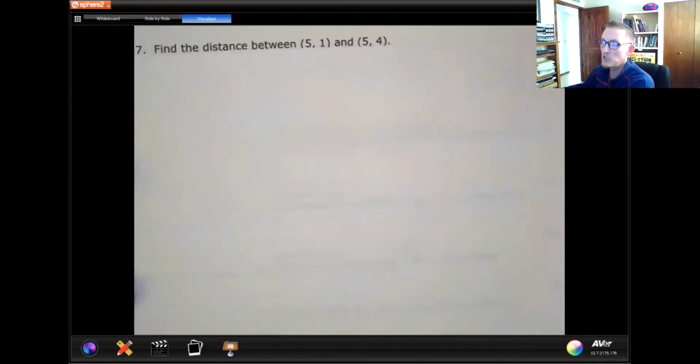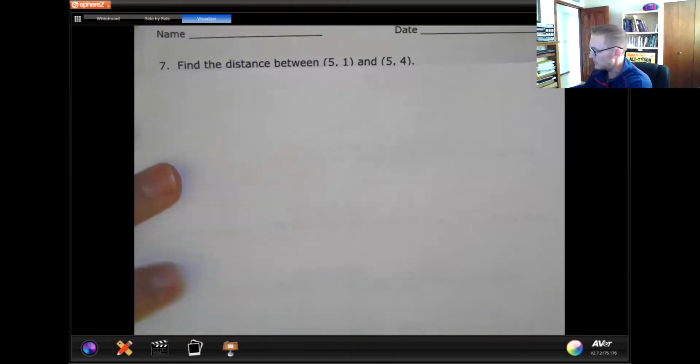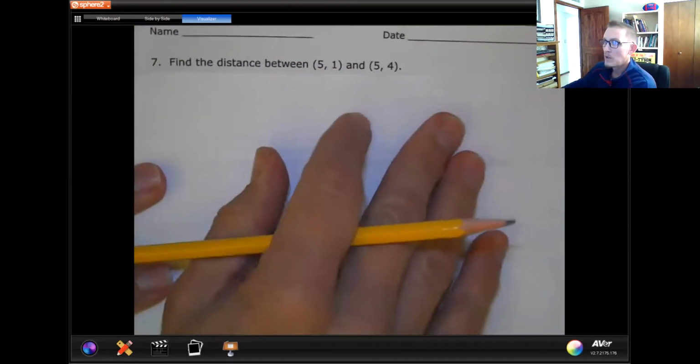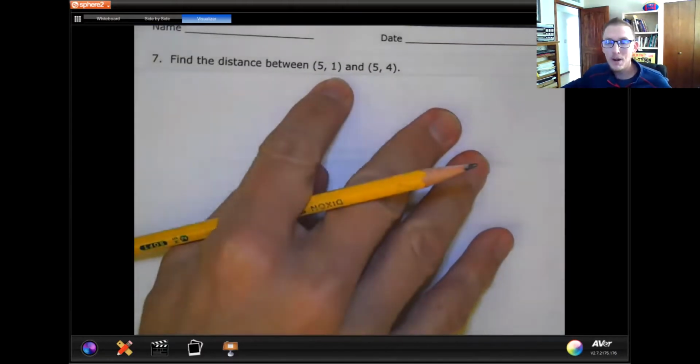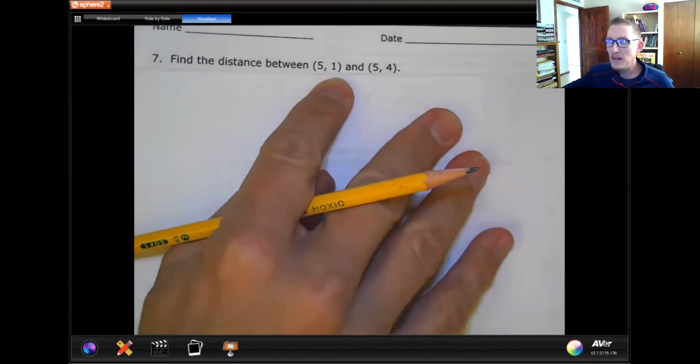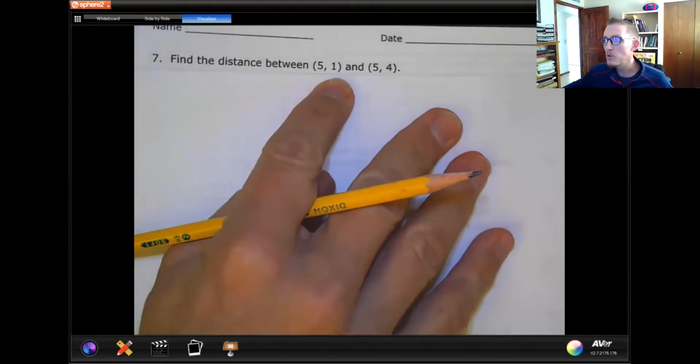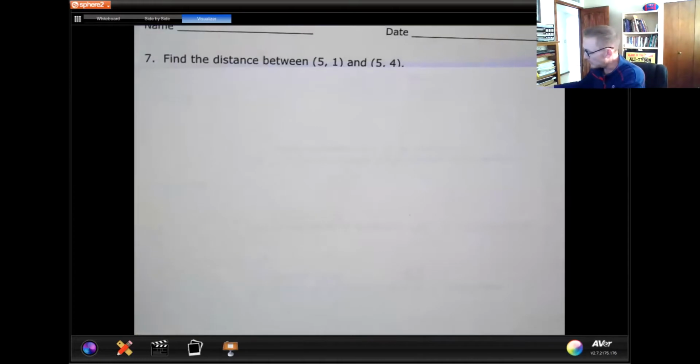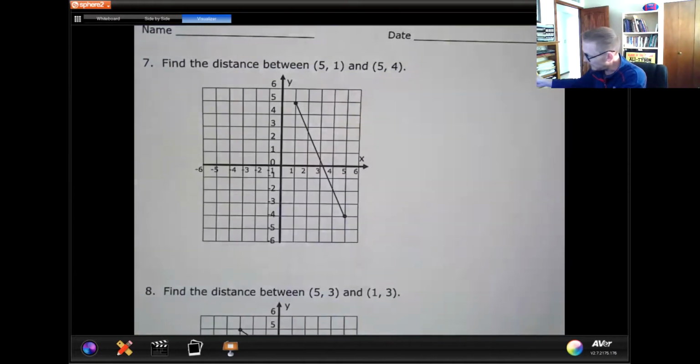Now, there's one last thing that you're going to see with this particular type of problem. We'll cover up part of this, but you're going to have a problem where they're just going to ask you to find the distance between 2 points. Now, these 2 points are ordered pairs, and if they want you to find the distance between those ordered pairs, we can basically put them on the grid.